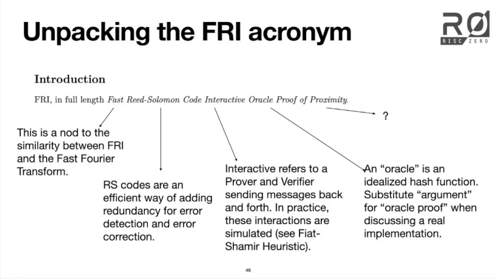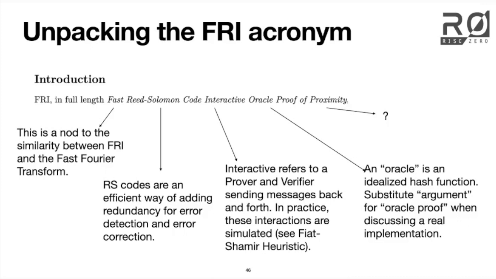When you're reading the math papers, it will refer to oracle proofs. When you're reading the security analysis of a real-life protocol, the word oracle proof gets replaced with an argument. If it is happening in terms of abstract ideal hash functions, it's an oracle proof. If it's happening in real life, it's an argument.